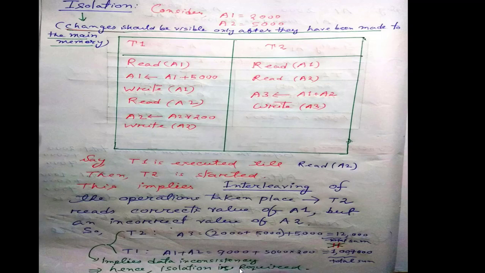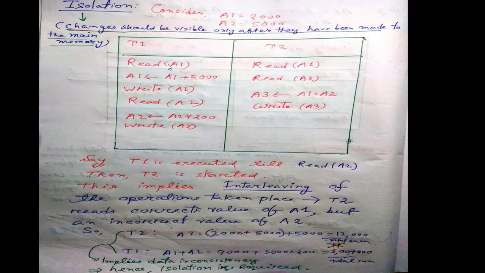Data inconsistency. This is the reason why we need the isolation property. Isolation property means that changes should be visible only after they have been made to the main memory. So this write A2 should be conducted, then only this read A2 will occur.